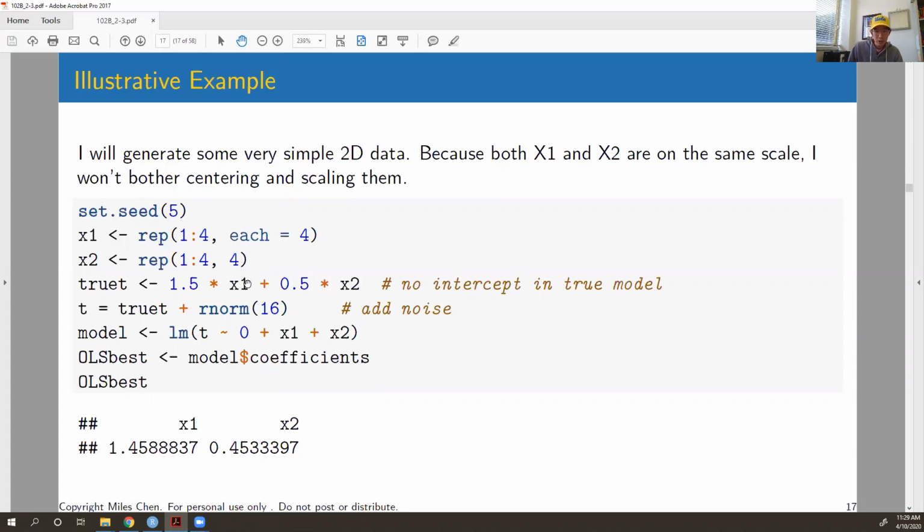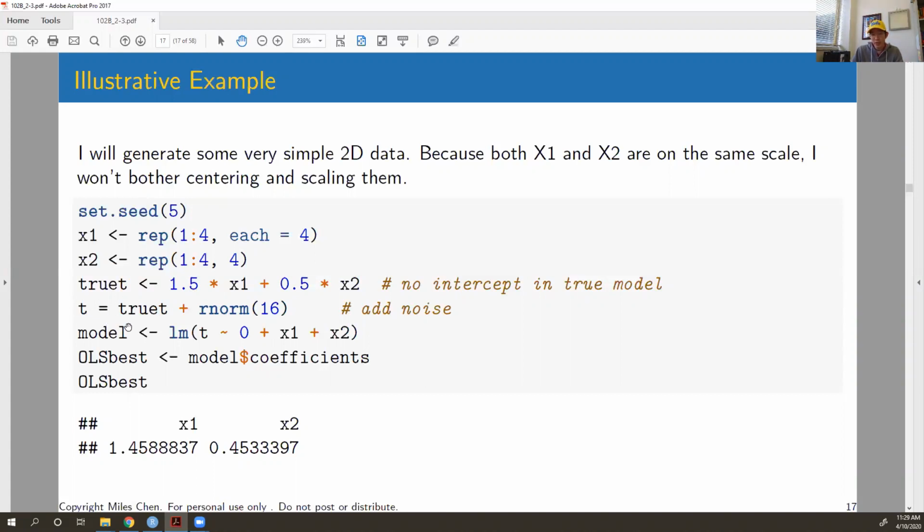Okay, so the true relationship between x1, x2, and the outcome variable is 1.5 times x1 plus 0.5 times x2. But then I add random noise. I just use rnorm to add some random noise, and this is going to be our observed values of t.